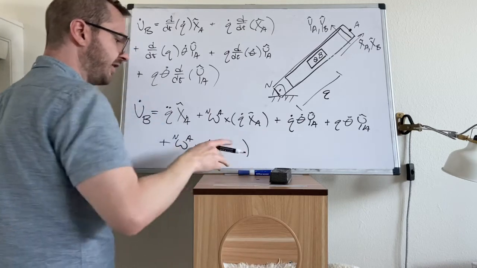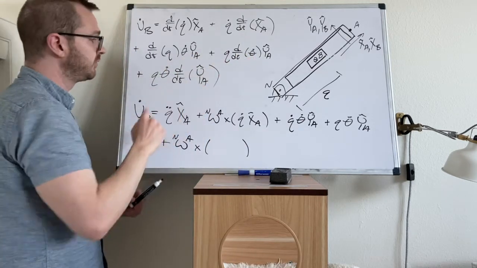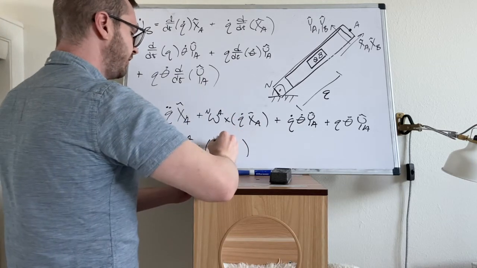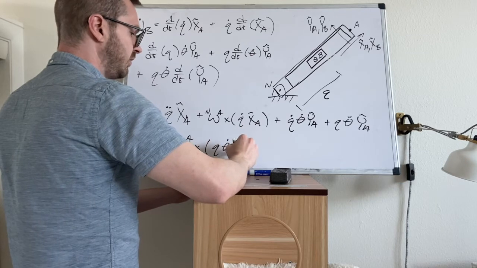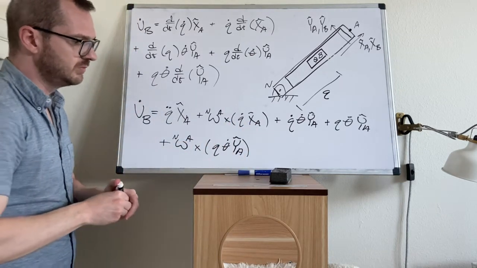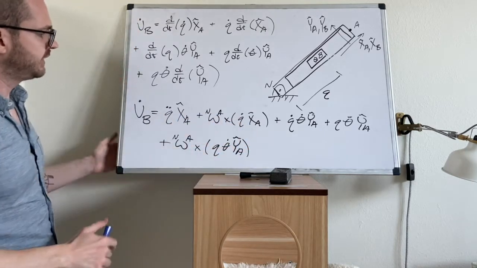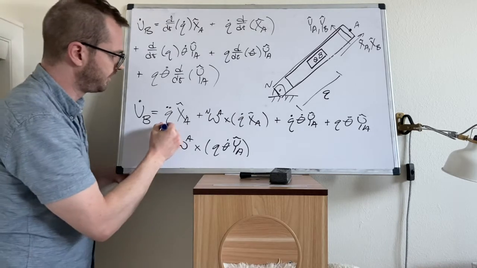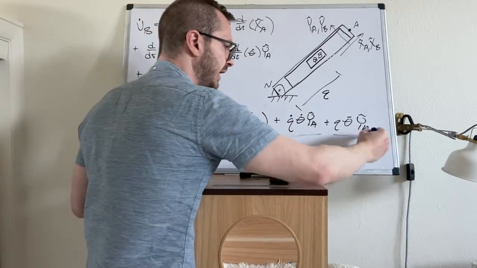Now, what goes inside of these parentheses? It's whatever term yielded this product rule expansion, and that was q theta dot y hat a. All right, so some of these terms are finished. For example, that one is done, this one is done, and this one is done.